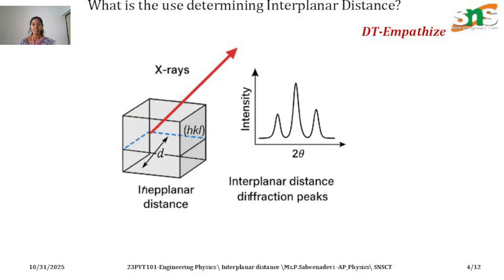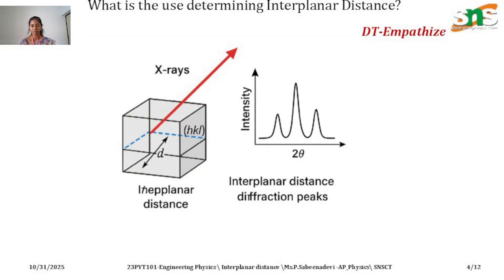By measuring them using X-ray diffraction, we can confirm the crystal structure and the phase of the substance. It is used to check crystal quality, since variations in spacing indicate strain, defects or impurities. It is used to calculate lattice parameters, since d-spacing helps find the size and geometry of the unit cell.